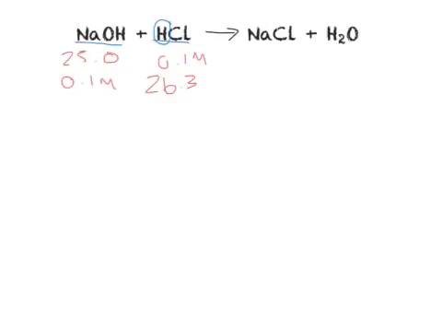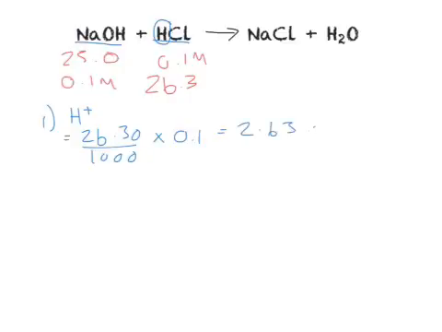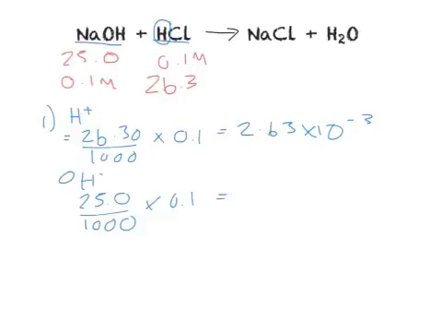So following those steps, step number 1 is to calculate the number of moles of the hydrogen ion originally, and not forgetting to convert that volume into decimetres cubed, and if you pop that into your calculators it comes out as 2.63 times 10 to the minus 3. Do the same for the hydroxide ion, and this time that comes out as 2.5 times 10 to the minus 3.